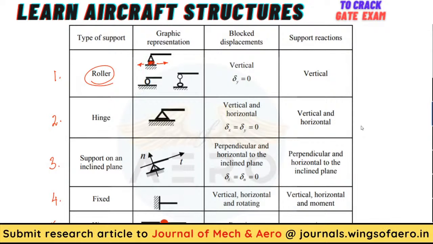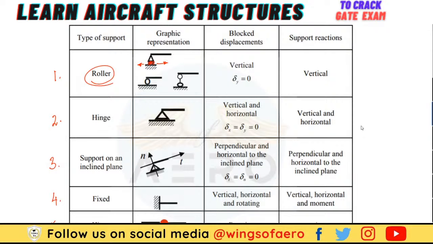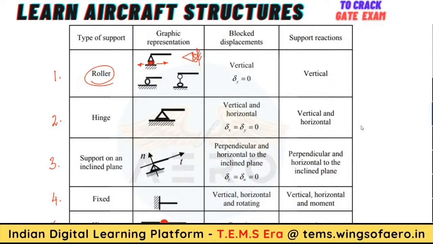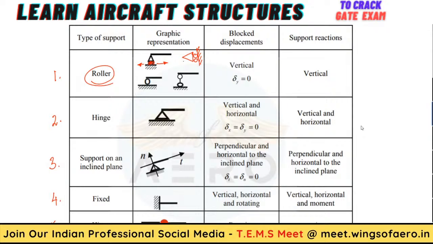This particular beam or whatever the supported member is has the capability to move along this. The same kind of roller you can also find in this pattern, right? Now in this case, what will happen?